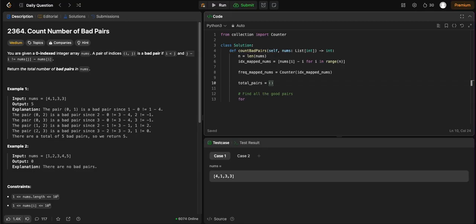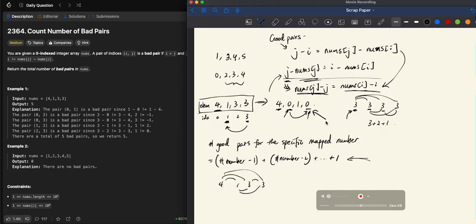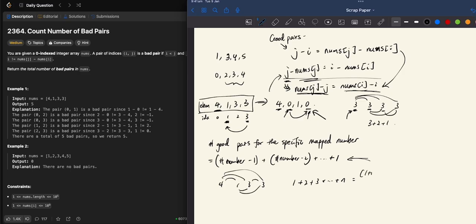I remember the formula for 1 plus 2 plus 3 all the way to n. There's a very well known formula called Gauss's, I forgot how to say his name. Basically what you do is flip the whole sequence, and then you get all the way to 1, and if you sum them up, you get n plus 1, n plus 1.